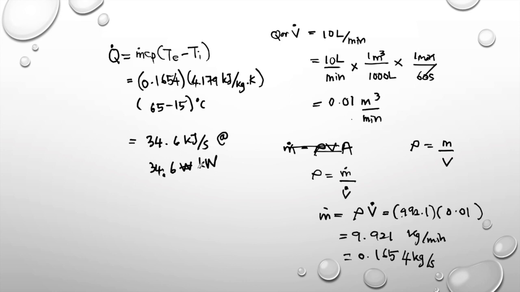The electrical heater power rating is the same as Q dot, equivalent to 34.6 kilowatts. That is the first question.